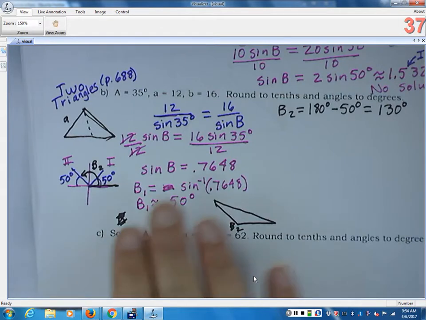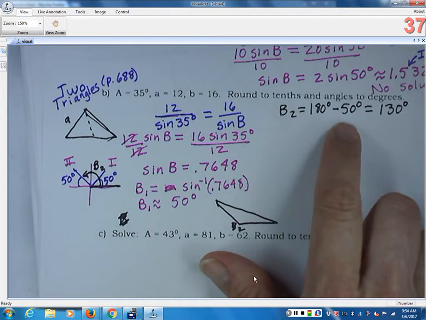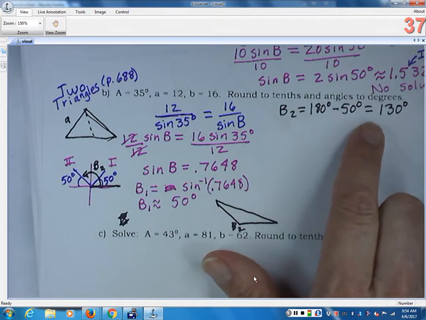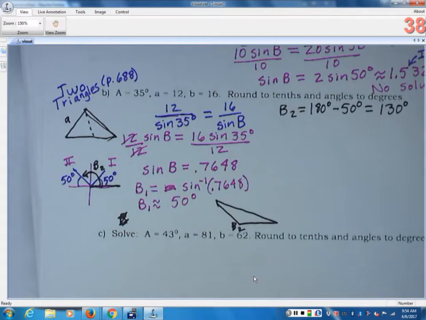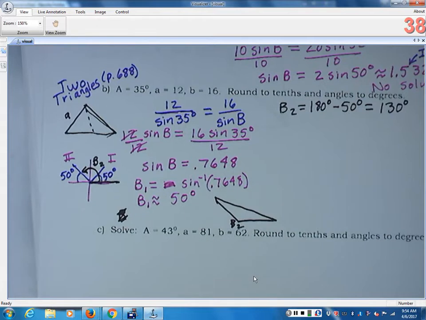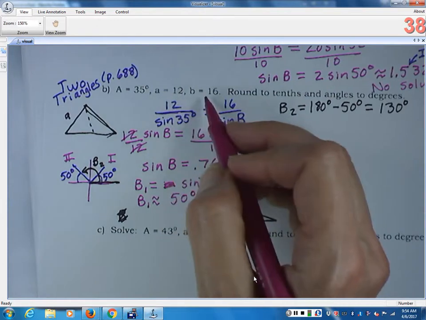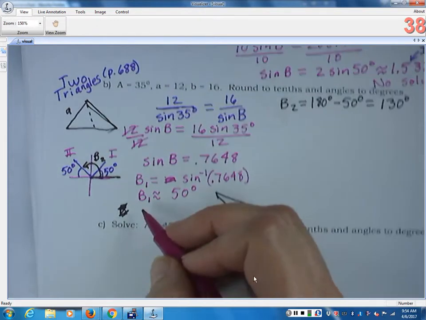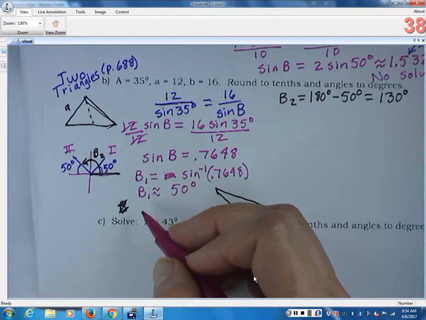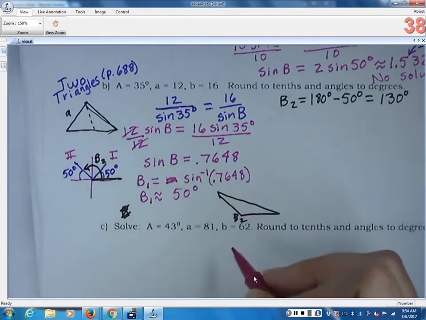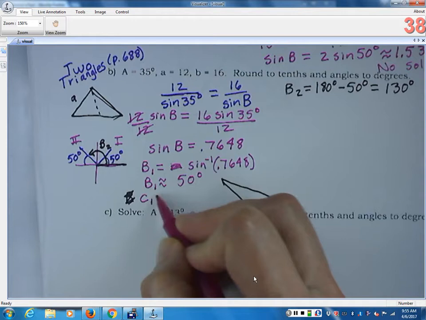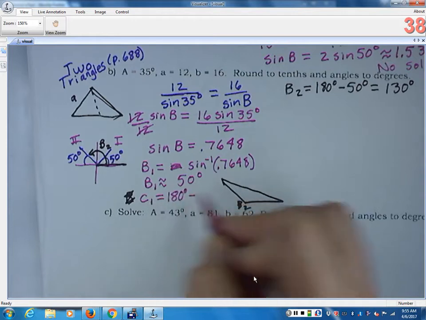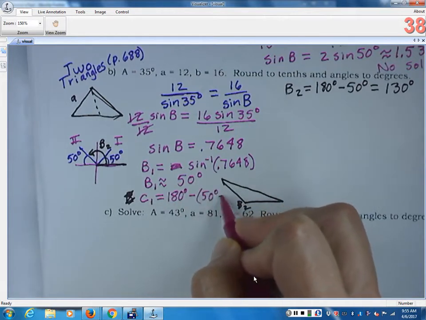Okay, so this is not the answer, they want us to solve the triangle. We find all the missing sides and all the missing angles. So once we find B1, we're given A and B, we can find C1. C1 is going to be 180 minus 50 plus 35.